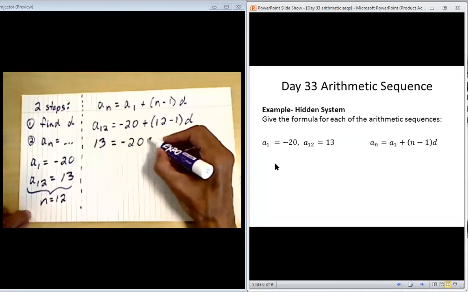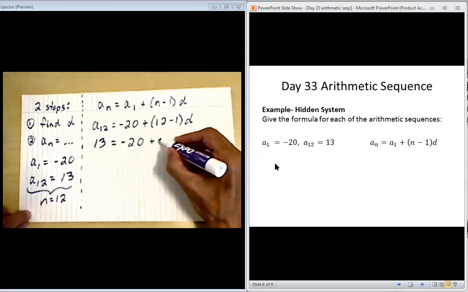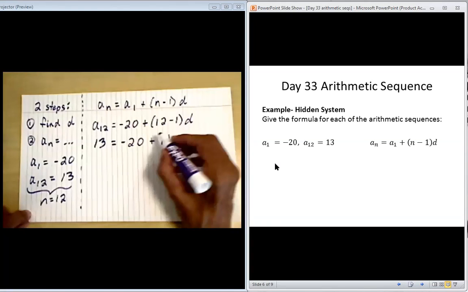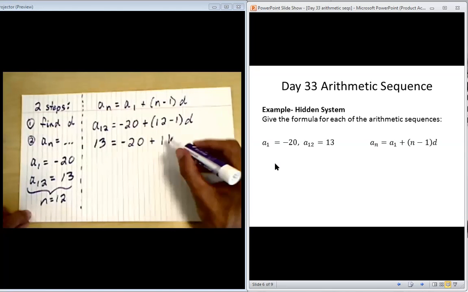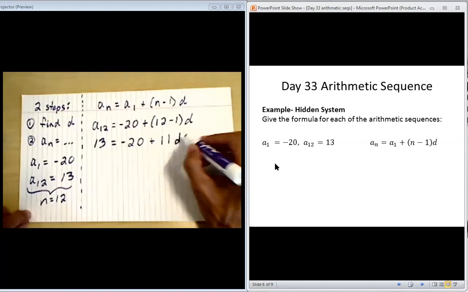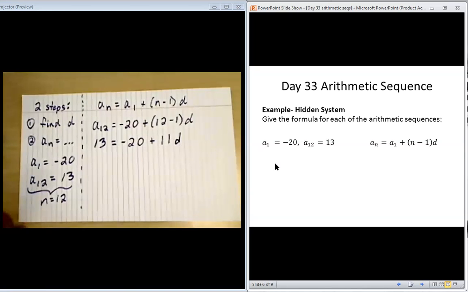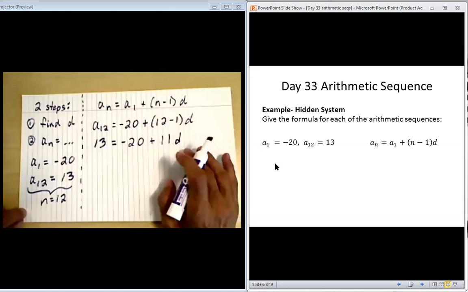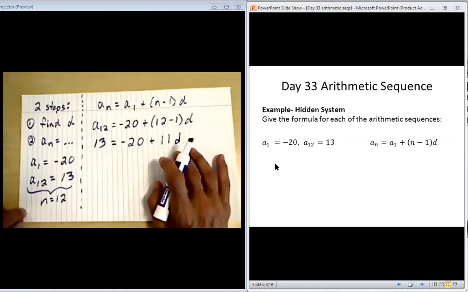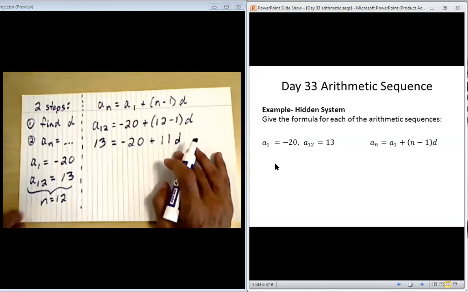We got minus 20. 12 minus 1 is 11. Can drop the brackets because it's positive. So we have 11 times d now. And so as you can see, there's only one thing missing, the d value, which is what we're going for. First step.